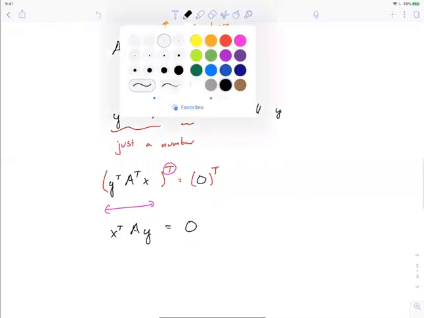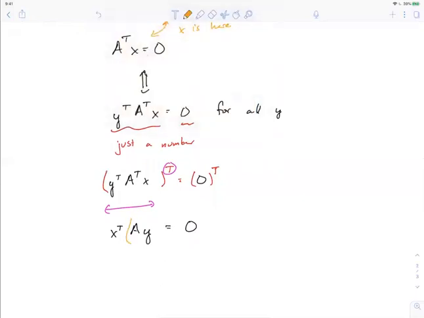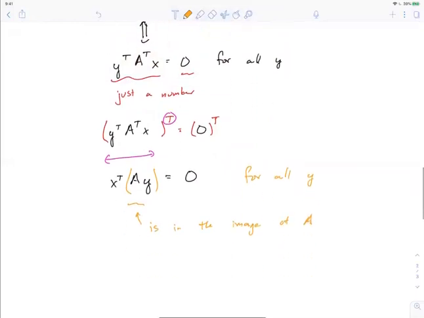And now if we look at this, we're going to associate it like this with the AY. Well, AY, for any Y, this is the image of A. And here, this says that X is in fact perpendicular to that.